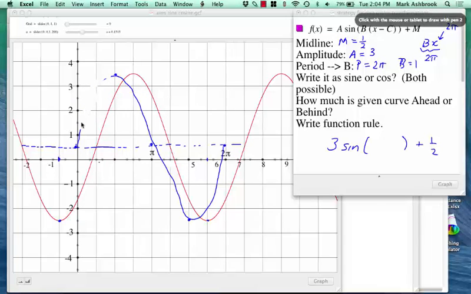Let's try that first part again. Our graph of the sine that we want: is its angle ahead or behind of the graph of sine without a shift? Behind. It's coming later. So add or subtract? How much? Pi over 4.